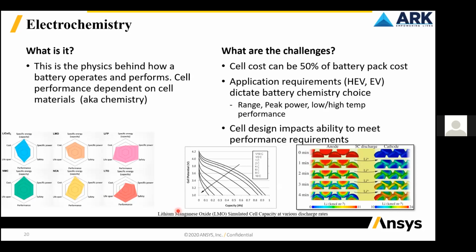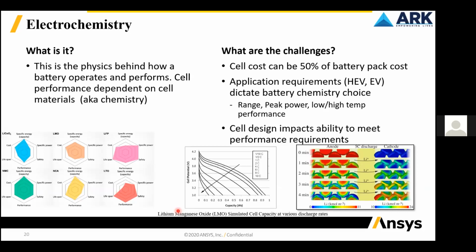Then what are the different challenges that we face over here? First one is the cell cost, which can be 50% of the battery pack cost, right? Then different requirements are there based on the application, like EVs or HEVs, that dictate the battery chemistry choices.